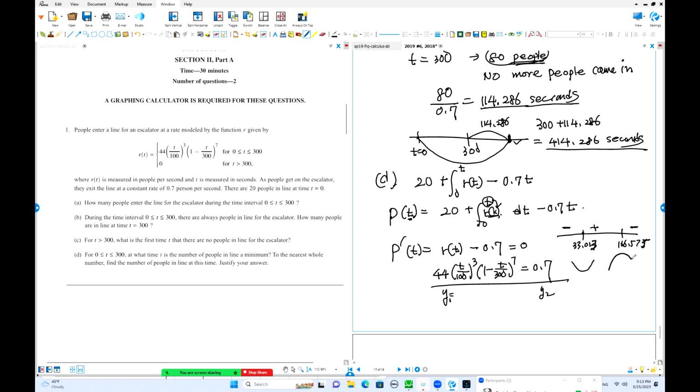This is increasing, then decreasing. So we're going to find the minimum value, okay? This one we don't need. This is the relative maximum, okay? We check the minimum, okay? This is the minimum value. So we're going to find what this number is at x equals 33. What is the value of y? Okay, this one is a lot of work.